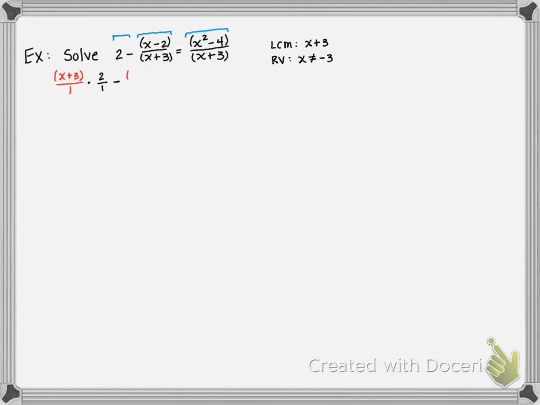Minus x plus 3 over 1 times x minus 2 over x plus 3 equals x plus 3 over 1 times x squared minus 4 over x plus 3.